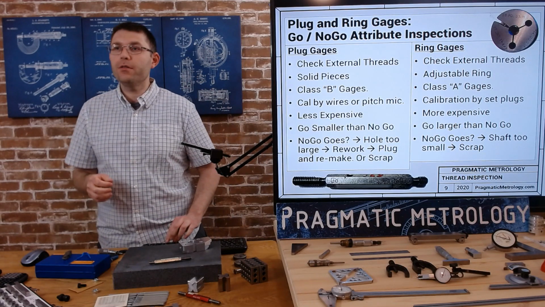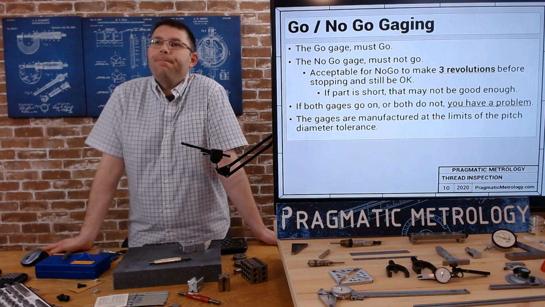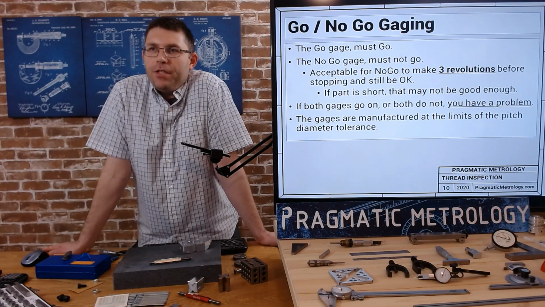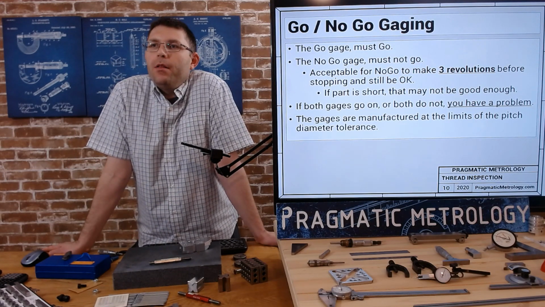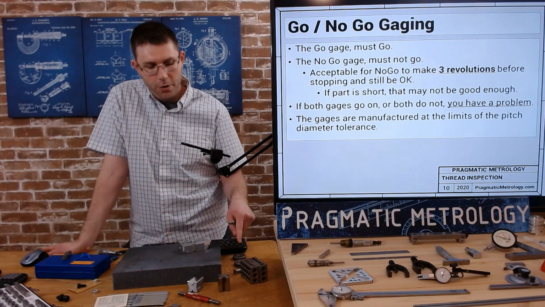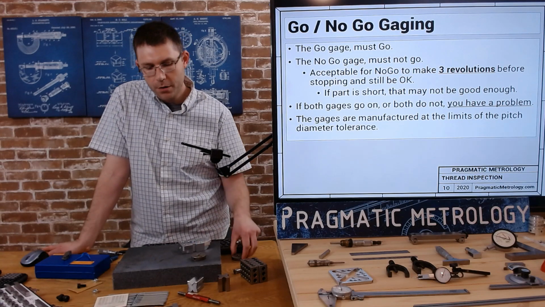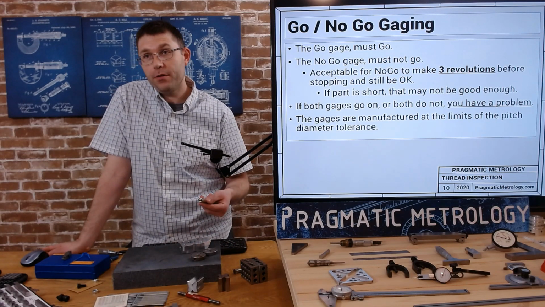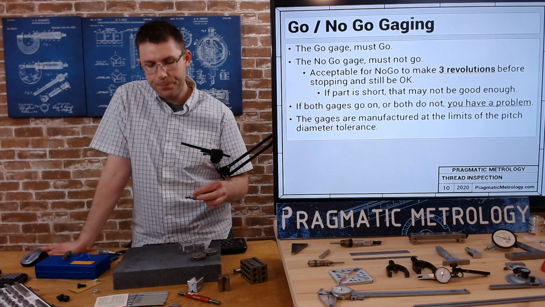So let's continue our discussion. Like I mentioned, it's kind of a summary. The Go must go, the NoGo must not go. It's acceptable for 3 turns on a plug or a ring to have 3 turns of a NoGo and still be acceptable.